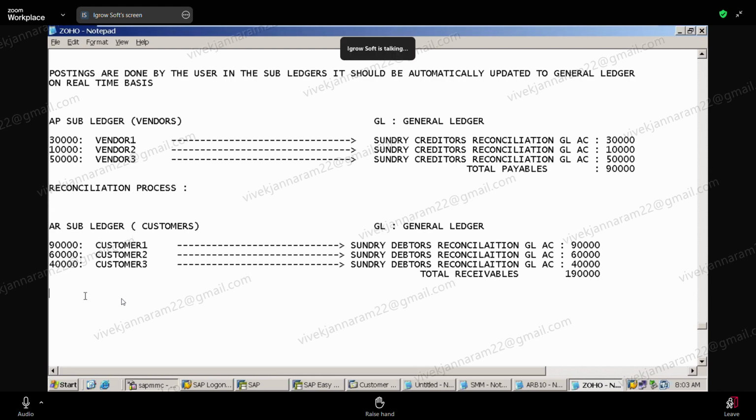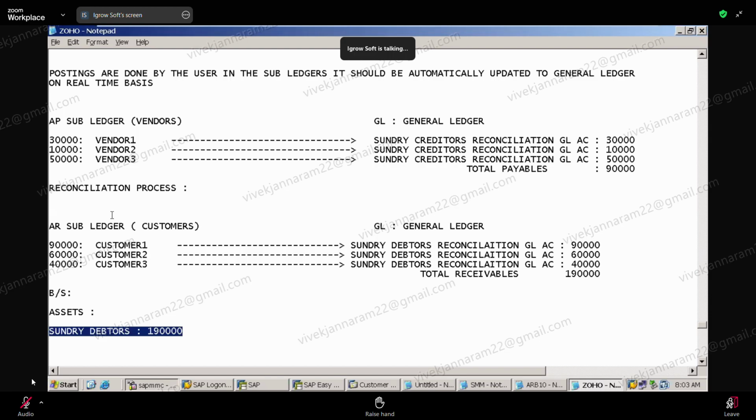So in my balance sheet, on the asset side, I will get sundry debtors, only one line, 1 lakh 90,000. If someone asks how you got this, refer to my AR subledger. That is how we are doing the simplification of the accounts.